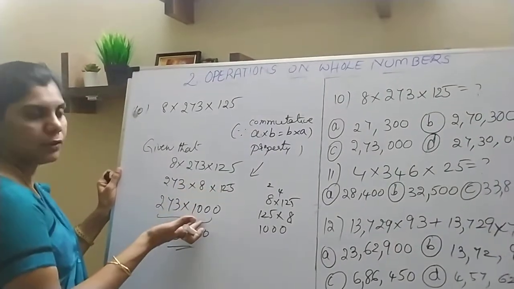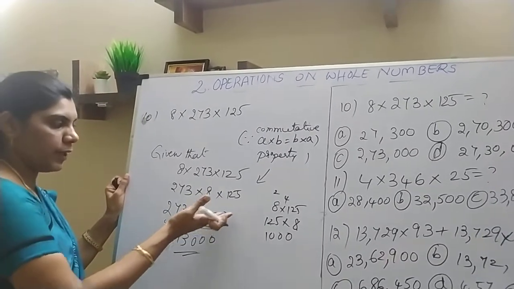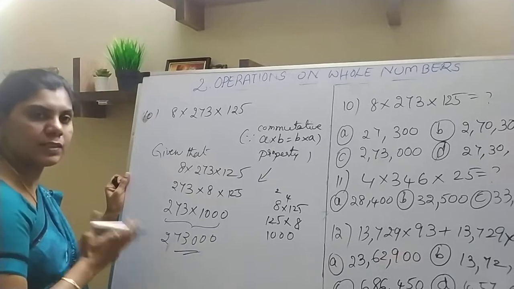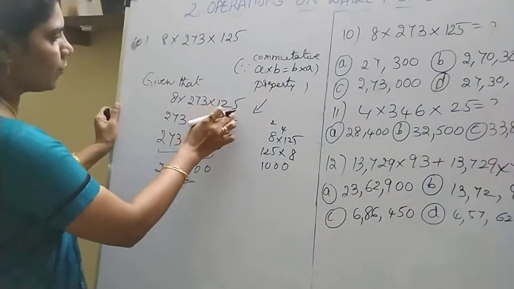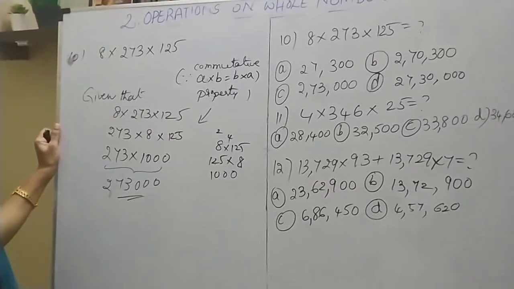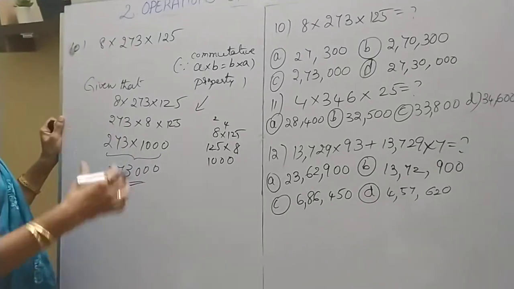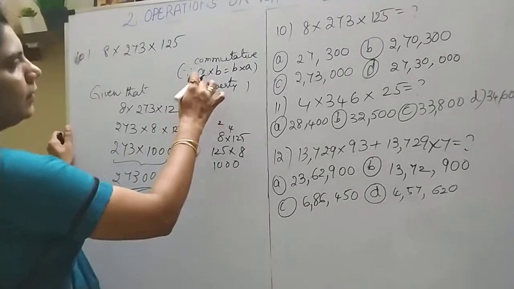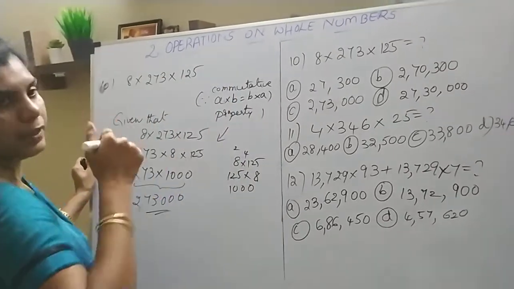If you multiply this one, you will get here 1000. So by doing this one first, you are doing it in a simple way. Instead of doing 125 into 273 and after that multiplying with that, your problem will be lengthy. So to cut short our process, here we are applying rules, that is properties of whole numbers. Commutative property, here we are applying.